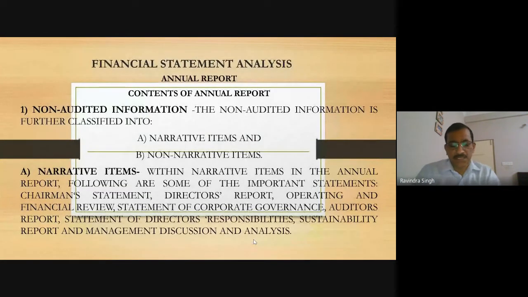Financial statements. First of all, financial statements include annual reports. What are the contents of annual reports? Any annual report contains two parts.